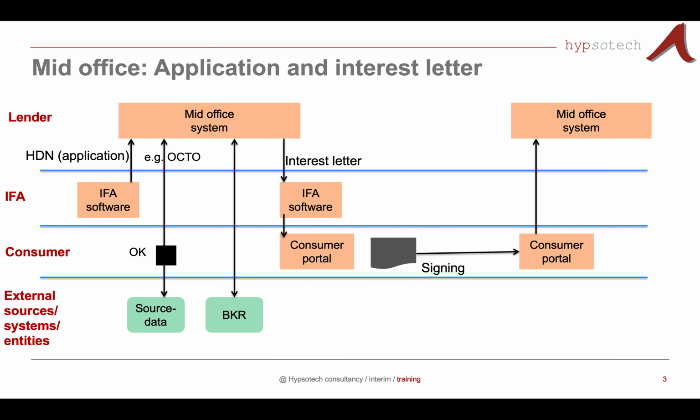The consumer will sign the interest letter and then it's sent back to the lender to the mid-office system. So when we complete this process step, the consumer knows, okay, if I can prove all the data which is in the application, I know I will get a mortgage with this and this interest rate.